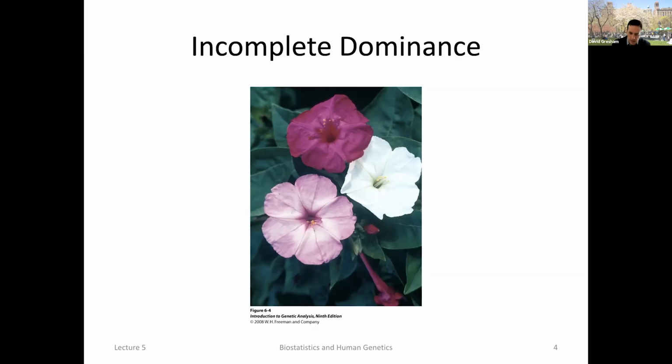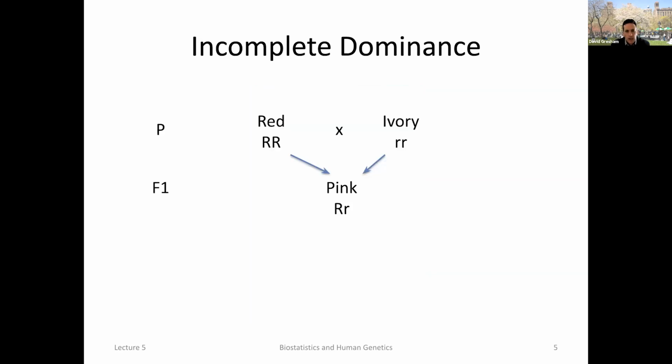And this, one might think, is in conflict with our understanding of Mendelian inheritance. But in fact, if we introduce the concept of incomplete dominance, that our big R allele doesn't act with complete dominance, but actually is incomplete in its effect, then this scenario of blending of traits is consistent with Mendelian inheritance.